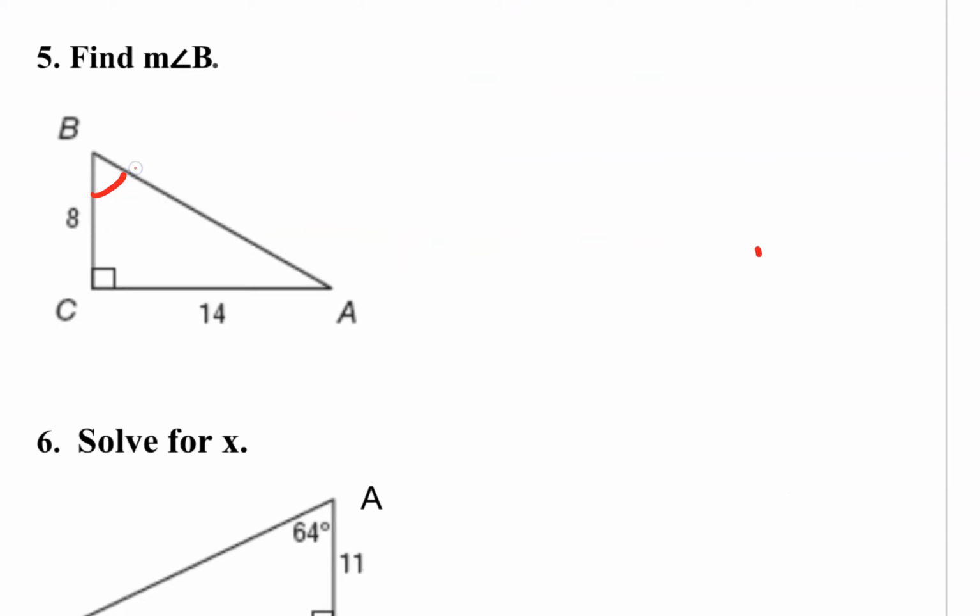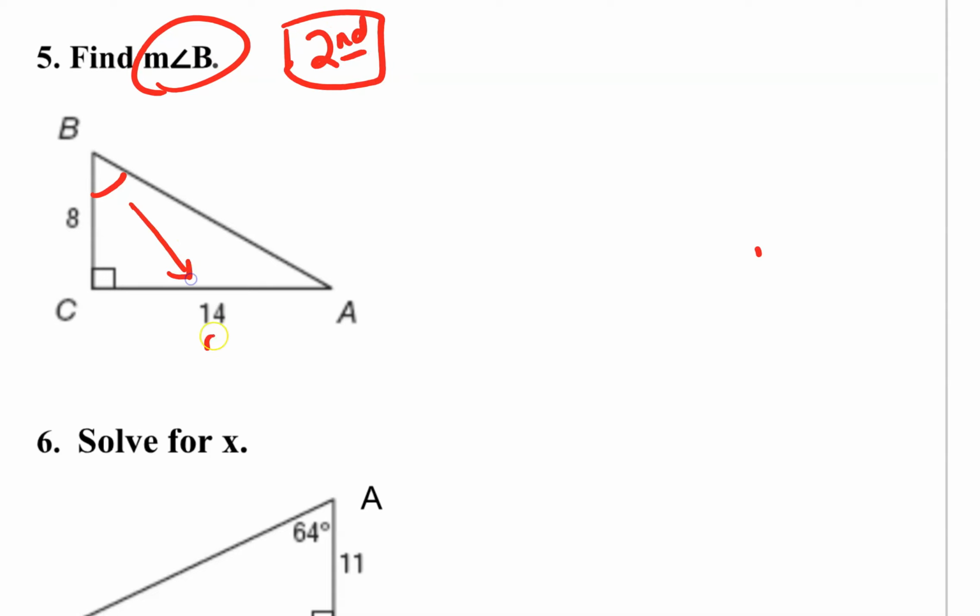Angle B. Okay, again, I'm looking for an angle, so I'm going to know right away I'm going to be hitting that second button. I'm going to use inverse trig. Set it up. This is opposite. This is adjacent. That is tangent. The tangent of the angle in question is SOHCAHTOA, 14 over 8.